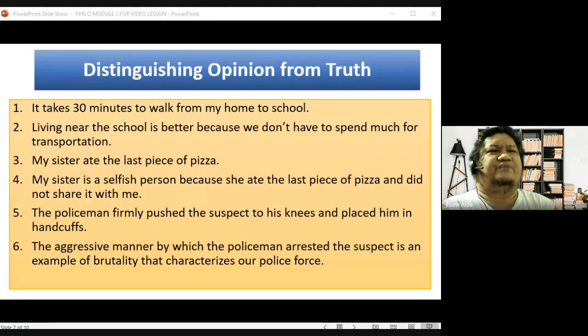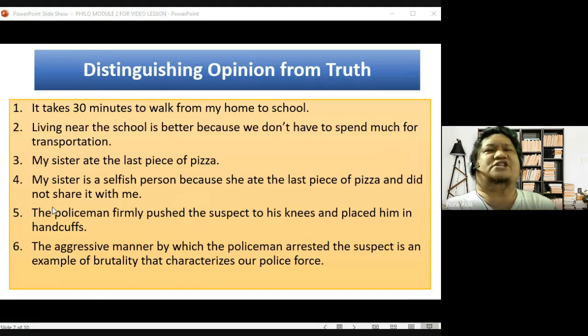So which statements are more factual here? Now, if you answered statement number one, number three, and number five, then you are correct. So these statements are facts.